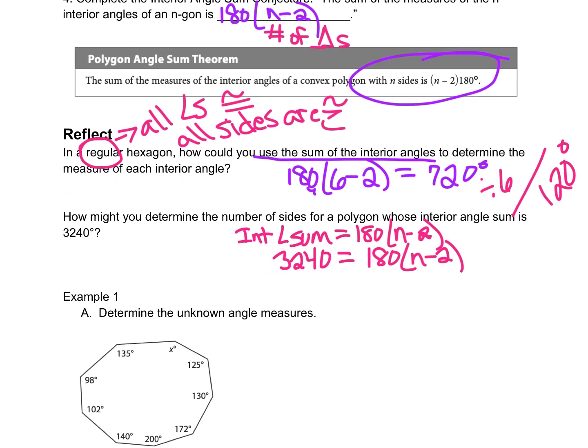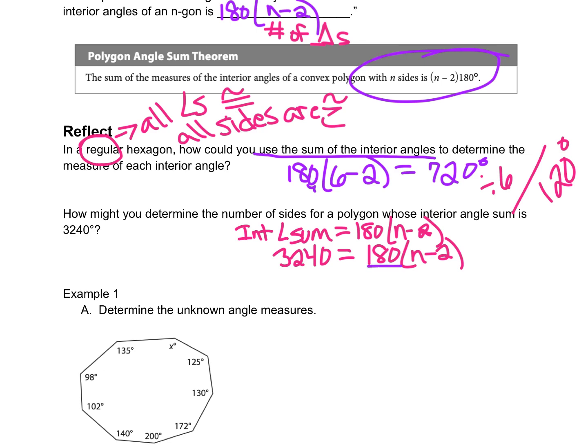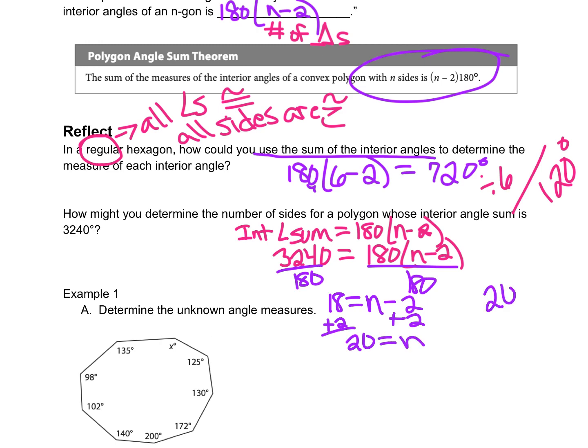So I'm going to divide each side by 180 and get 18 equals n minus 2. I'm going to add 2 to both sides, and I get 20 equals n. So it has 20 sides. Okay? Then you just work backwards.